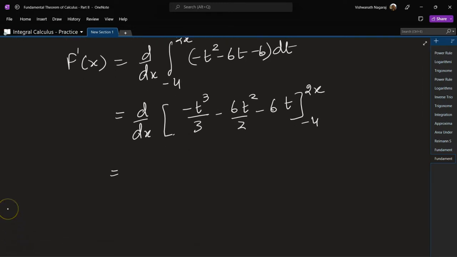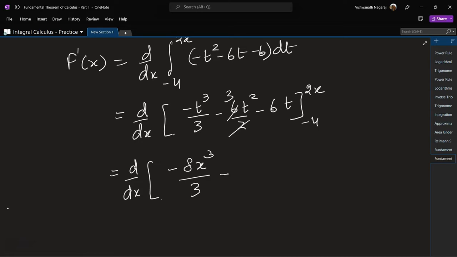Okay, so d by dx of minus 2x cube, that will be 8x cube by 3. Minus, this would be simplified to 3, so we have minus 3 t square, which is 2x square, that means 4x square.